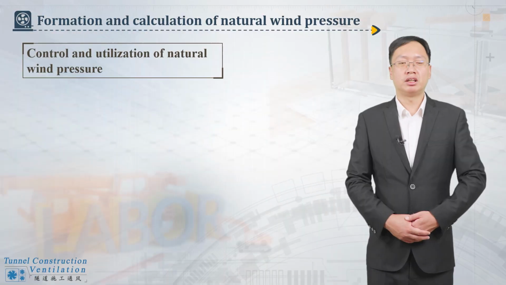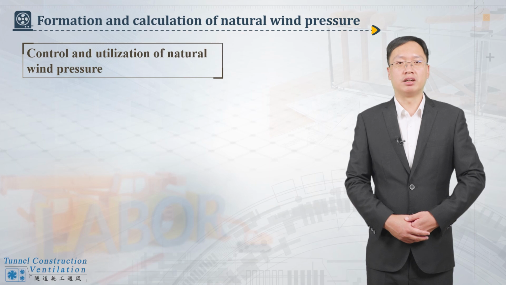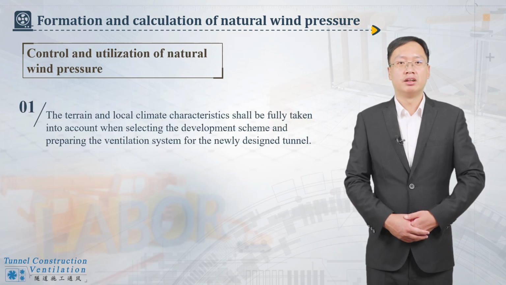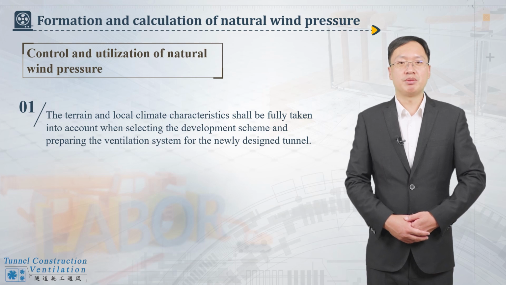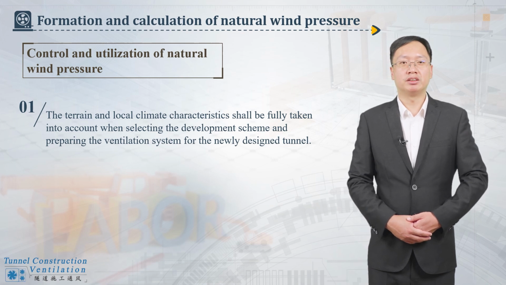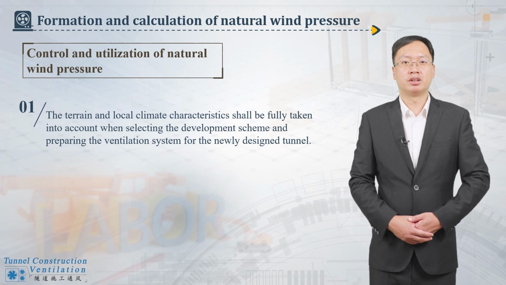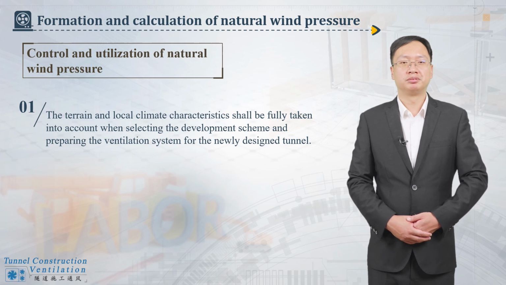Control and utilization of natural wind pressure. 1. The terrain and local climate characteristics shall be fully taken into account when selecting the development scheme and preparing the ventilation system for the newly designed tunnel.